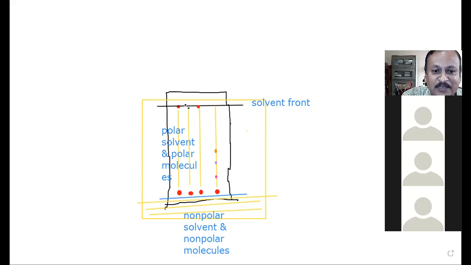In such a case, the sample components will not move at all. The sample is polar and the solvent system is non-polar, so there is no interaction of the sample components with the mobile phase. The sample components will interact with the stationary phase. The stationary phase itself is polar, and the sample components are also polar, so they will stick to the stationary phase and there will be no movement at all.